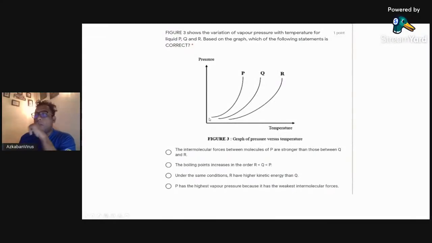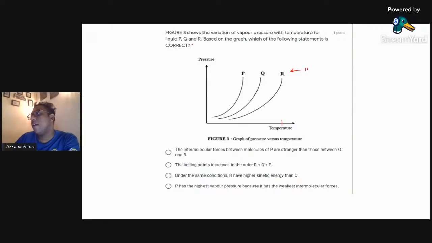Okay. This question, daripada sini kita tahulah, lebih tinggi temperature, lebih tinggi pressure. Maksudnya, bila pressure tinggi, ini you nak temperature yang tinggi baru water pressure tinggi kan?